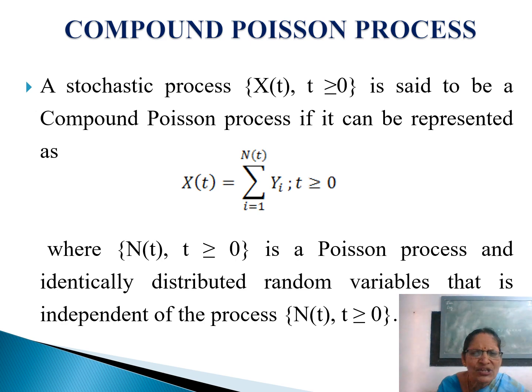Here, the collection N(t), t greater than or equal to 0, is a Poisson process, and the random variables Yi are identically independently distributed, which is also independent of the process N(t).